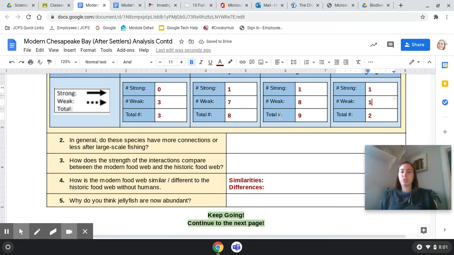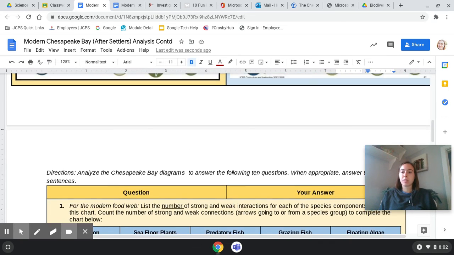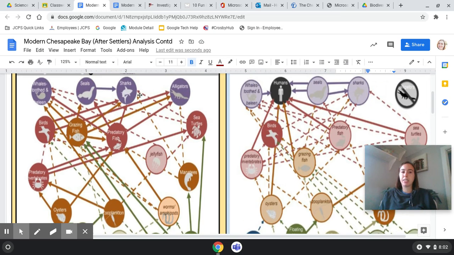Now that I've filled in my chart for number 1, I'm ready to answer question number 2. Question number 2 says, in general, do these species have more connections or less after large-scale fishing? And so we have to think back to when we looked at the historic Chesapeake Bay food web, and we can go back up and look at that one here.